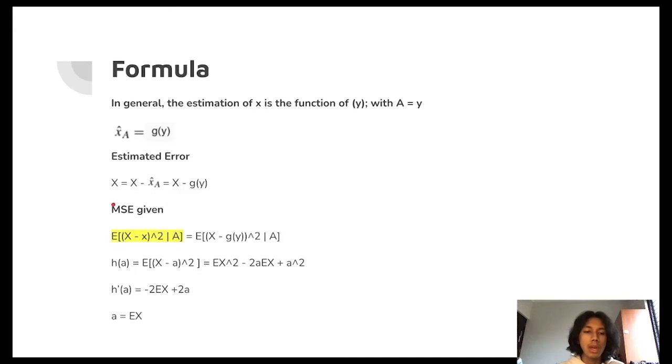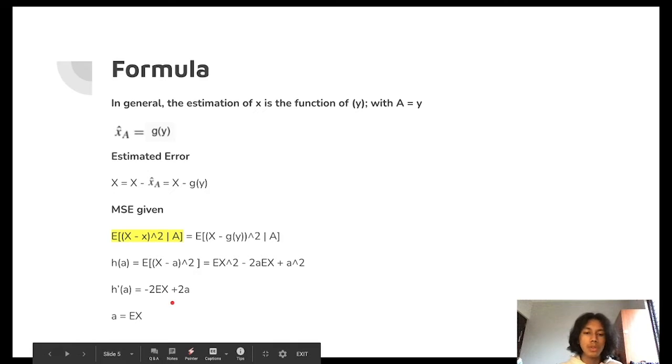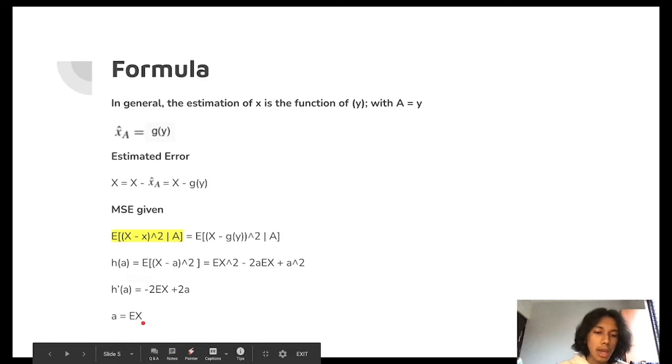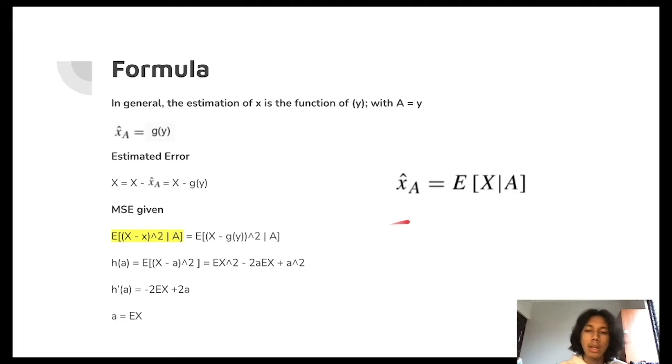The mean square error given A is this equation right here, the highlighted one. This whole process is also known as the blind estimation. From that, we receive the quadratic function right here. Then we have to find the derivative of that function, which gives minus 2E[x] plus 2a equals 0, and from that we get a equal to E[x]. From this whole process we can conclude that x_A is equal to the estimation of x given A.